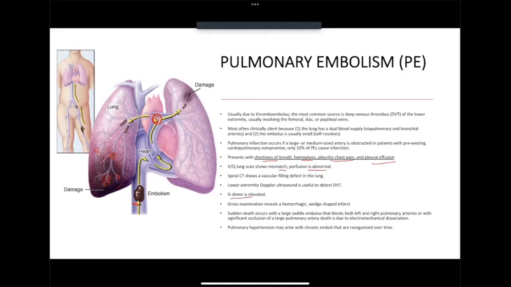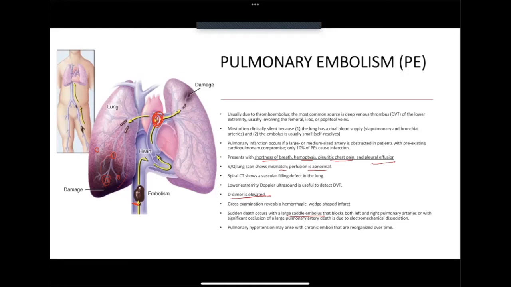We see increased D-dimer, and you can have sudden death if there's a large saddle embolus. A saddle embolus is when the embolus is located here, blocking both the left and right pulmonary artery.